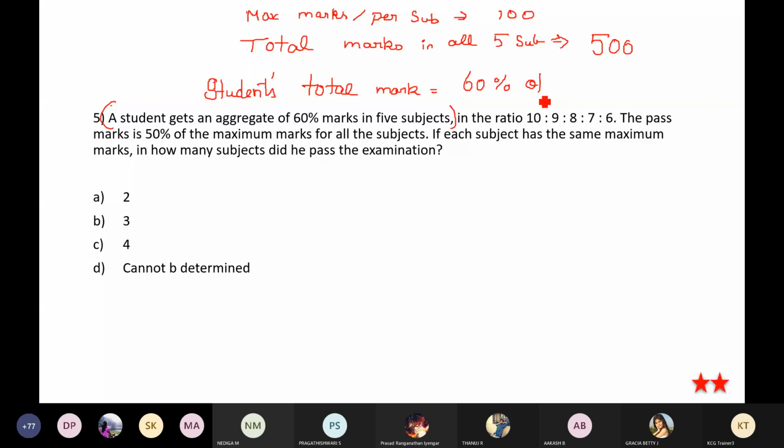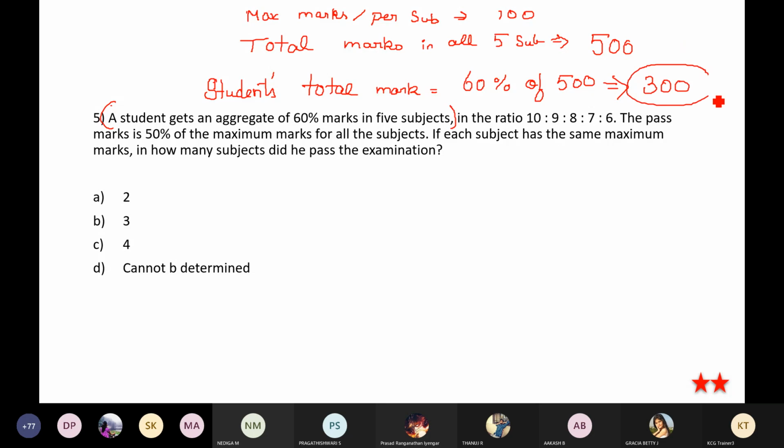What is 60% of 500, guys? Very good. Yes, Radha. Superb. So it is 300. So he secures 60% of the total marks, which is actually 300.